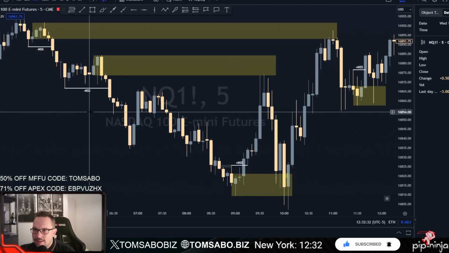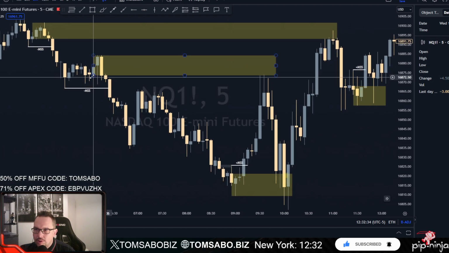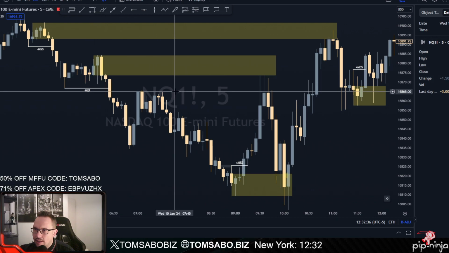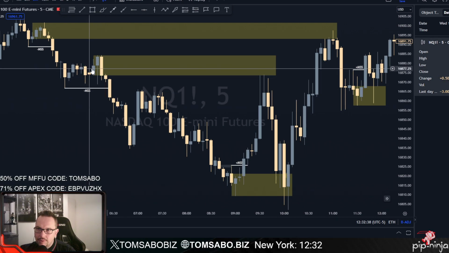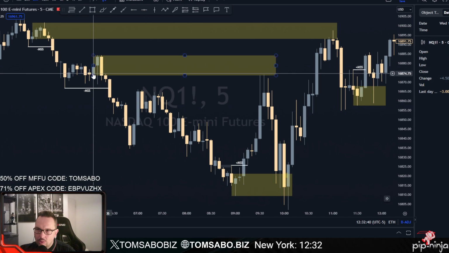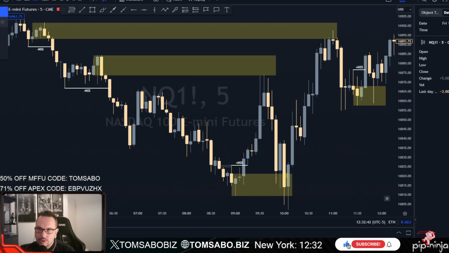Now ICT says that technically the order block starts from the wick of the candle, from the first up close candle, which is this one. Let me change the cursor again, which is this candle right there. But the best and the safest way to utilize it is if you measure it from the body.